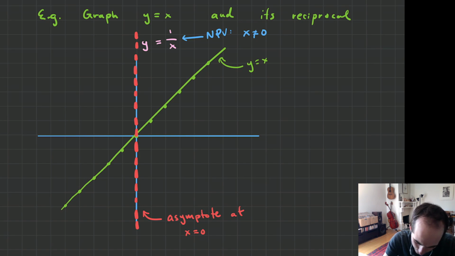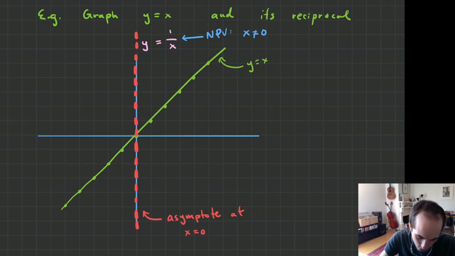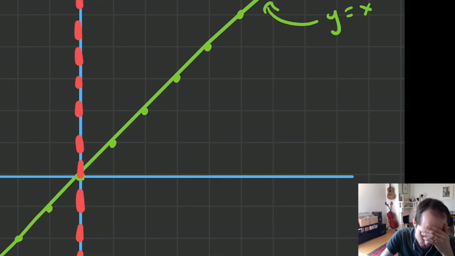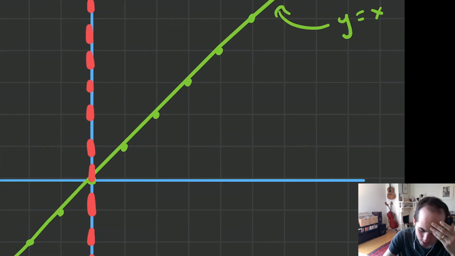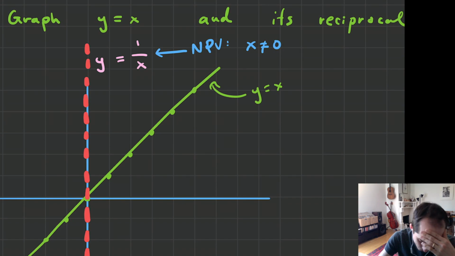There's purple. So when x is equal to 1, 1 over x is 1 over 1. So we would get a point right here. Both the function and its reciprocal share a point right there at 1, 1.